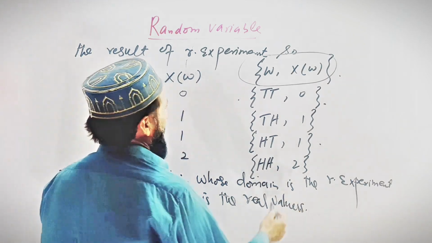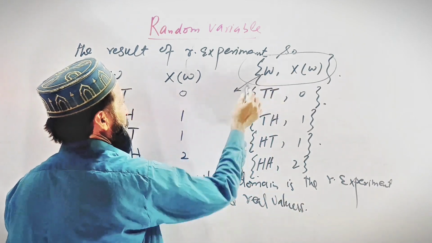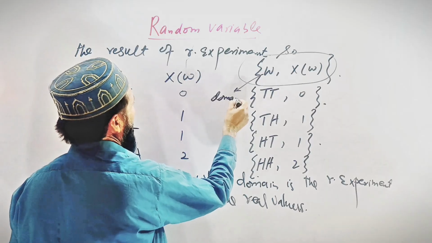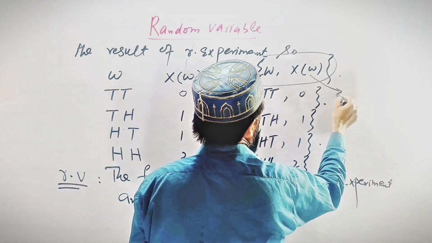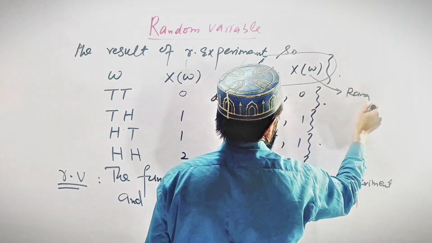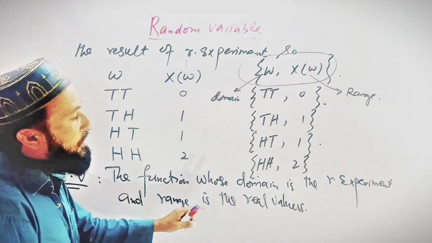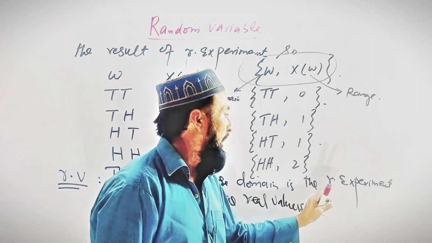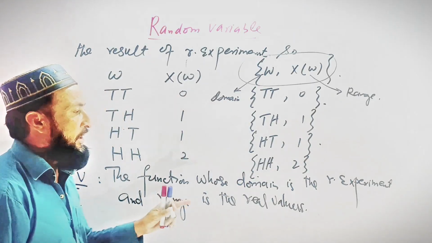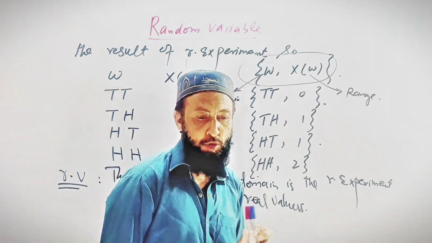In a function, the first value is called the domain and the second value is the range. So from the above discussion we can say that the function whose domain is the set of the random experiment and range is the real values is called a random variable.